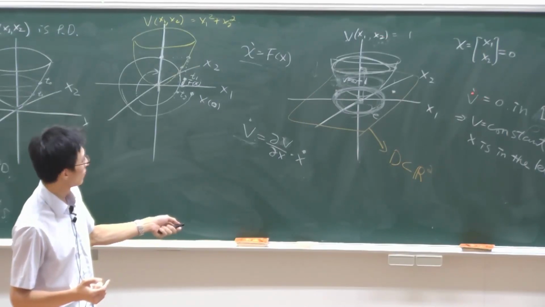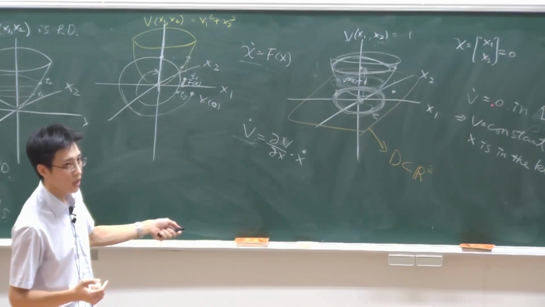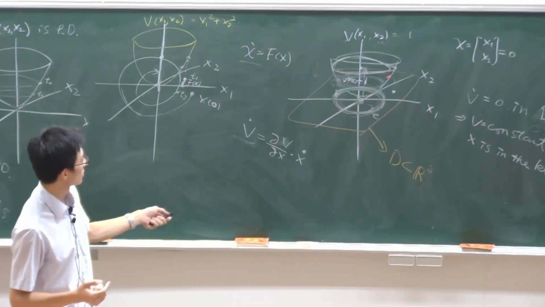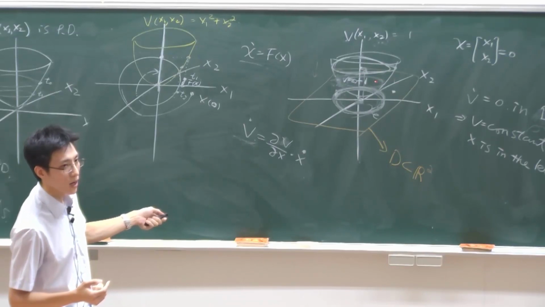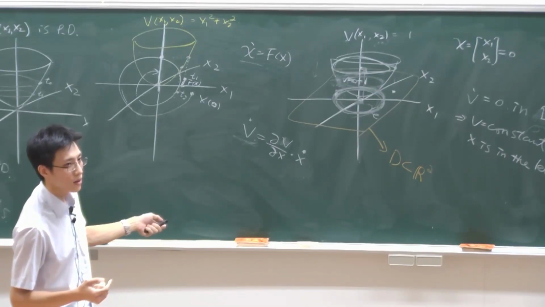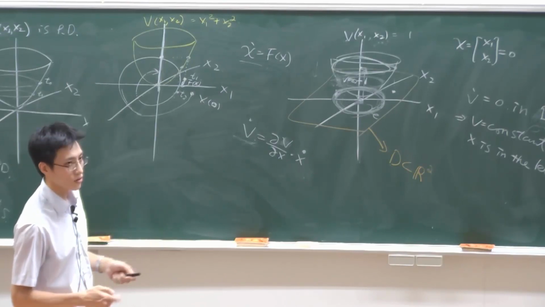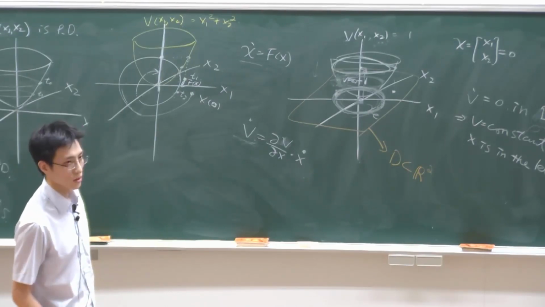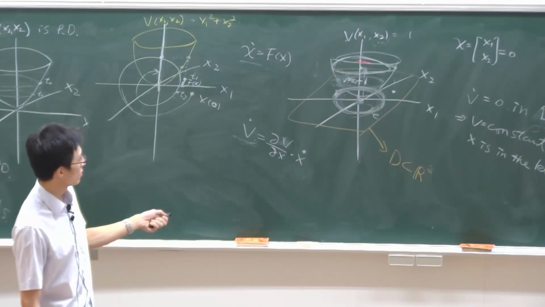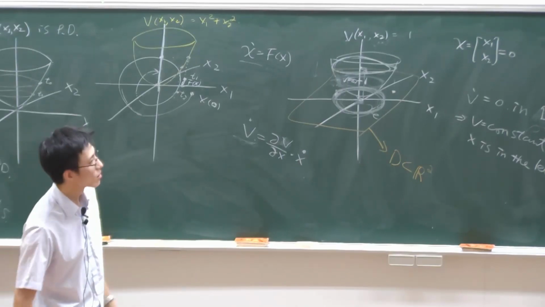You will get V dot equal to 0, okay, because it's in the level set. 懂吗？But it's a necessary condition. You don't know the trajectory. Anywhere in here could be the potential location.